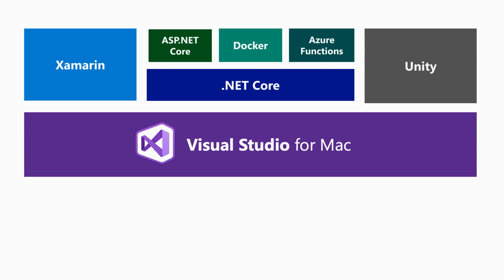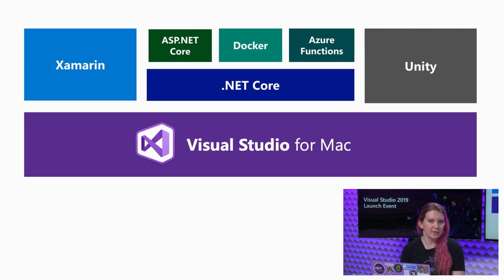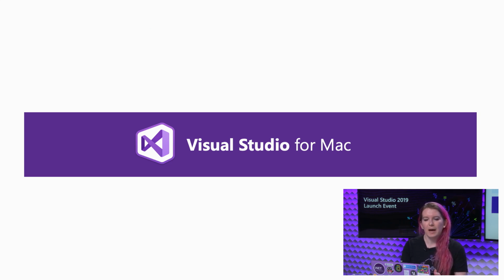And if you're doing games with Unity, it also has integrated support for debugging those and all of the Unity-specific code completion and that kind of thing. But I'm not going to be talking so much about the individual scenarios today. I know you've heard about a lot of those earlier. If you missed those, they're recorded. You can go back and see them. I will be focusing on VS for Mac itself.